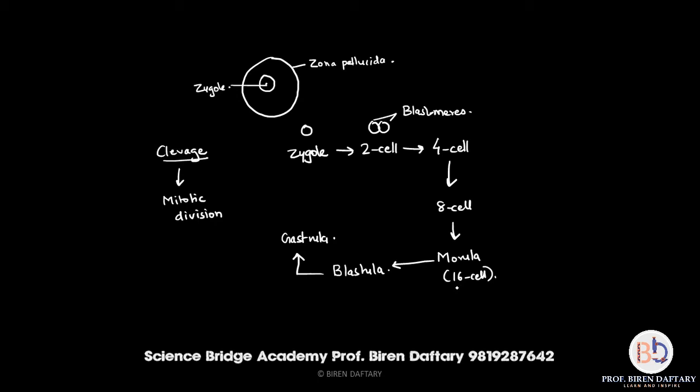Each cleavage gives rise to double the number of cells. These are called blastomeres. The zona pellucida remains intact, so the entire structure of the embryo will remain intact up till blastula. In blastula, the zona pellucida disappears. Let us just draw a schematic diagram.